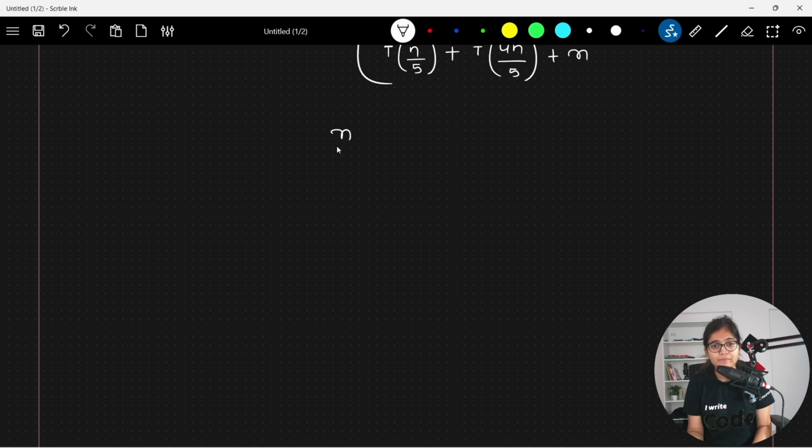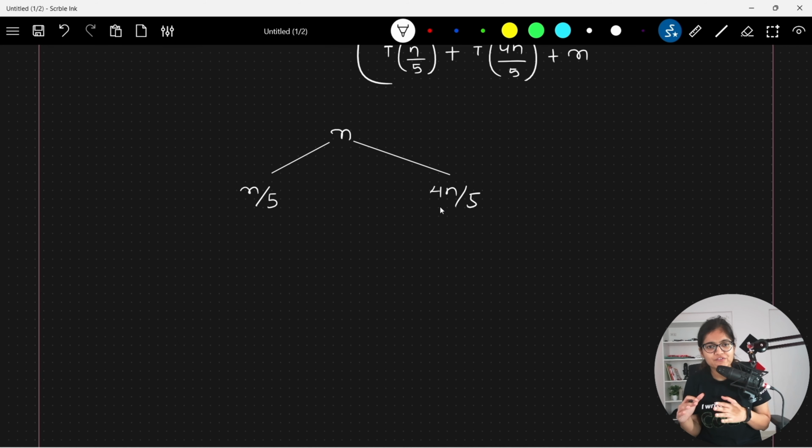You can consider any kind of data structure in which we store those n elements, and we are splitting them into two halves. One is n/5, another one is 4n/5. And the cost required to split these elements into n/5 and 4n/5 is n.